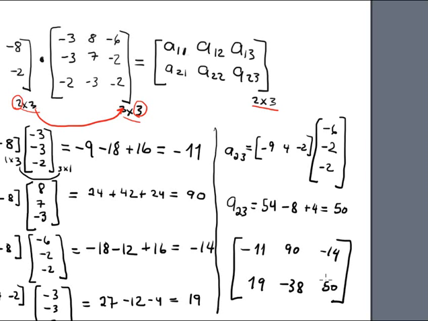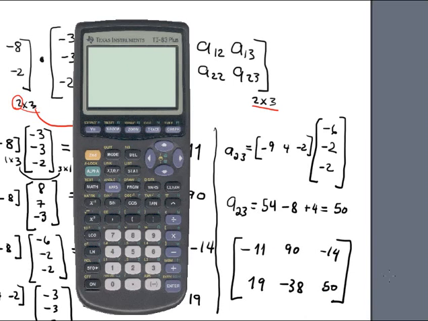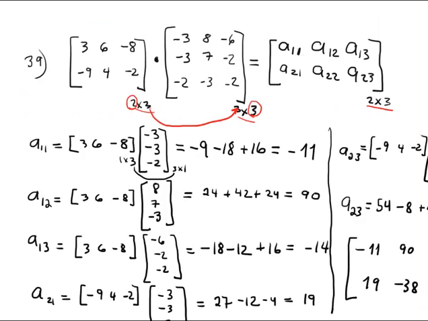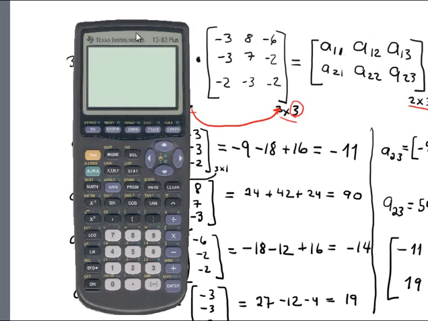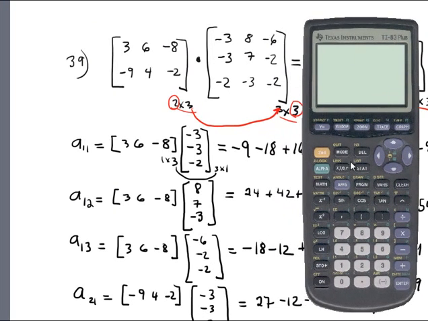Let's use a calculator. You put in the calculator the matrix menu. I clear the second matrix, then editor, matrix A is 2 by 3.